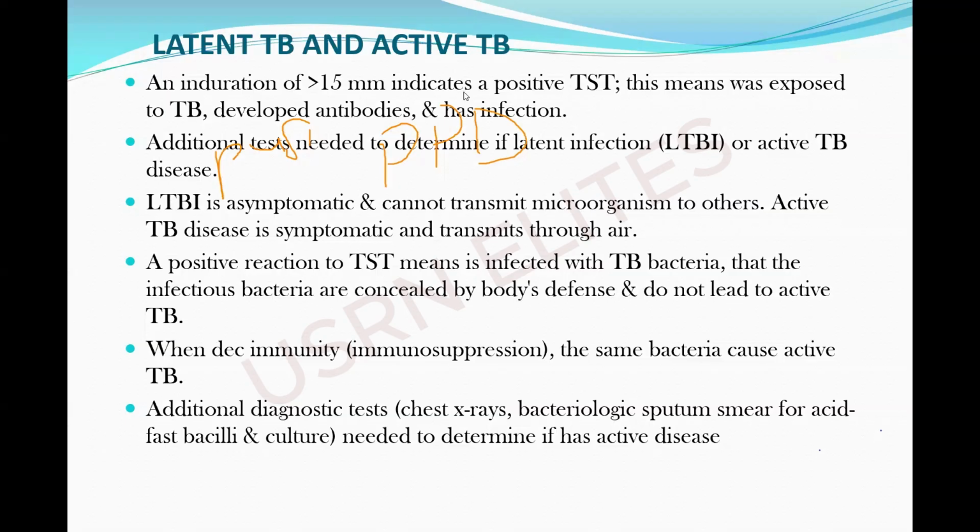it means, that is if only the person has HIV or the person is immunocompromised. If the person has HIV already or any condition that makes the person immunocompromised, then it's a positive interpretation.